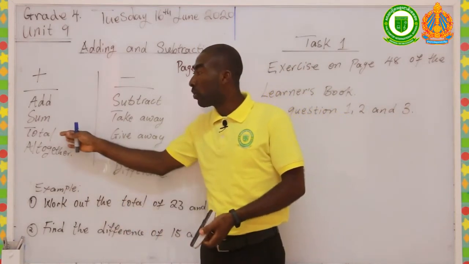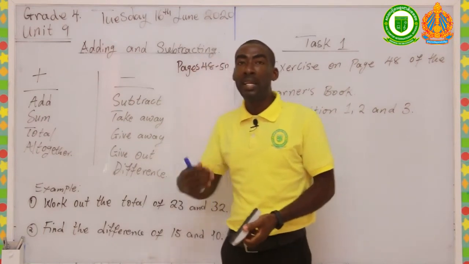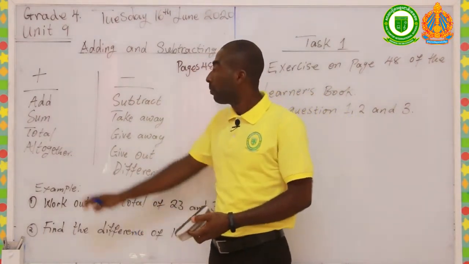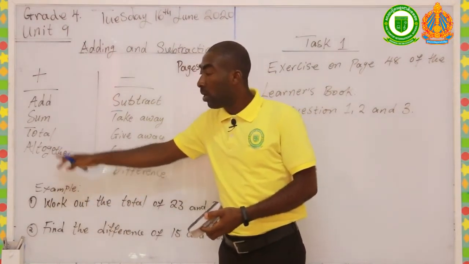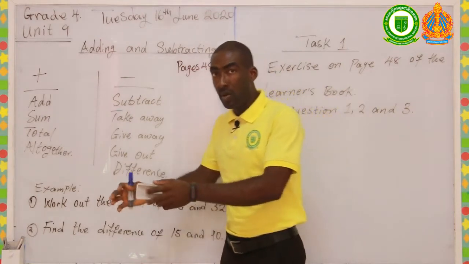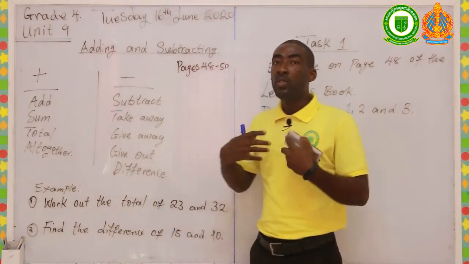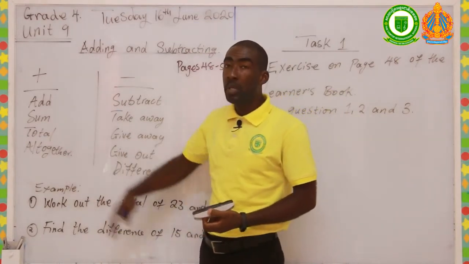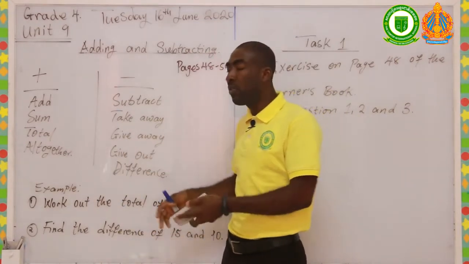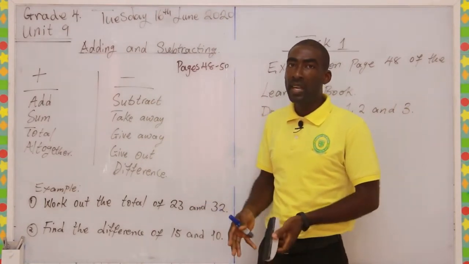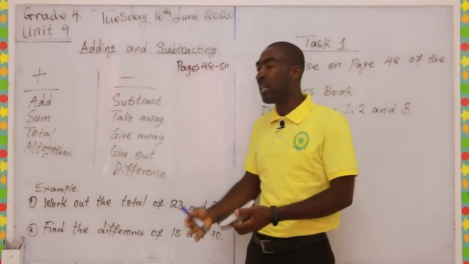So total also means that you are adding up to get to your final answer, okay? All together. All together means one set, second set, you put them together to form a kind of addition. So all together means you have to add the various components or items or numbers so that you can get a final answer.